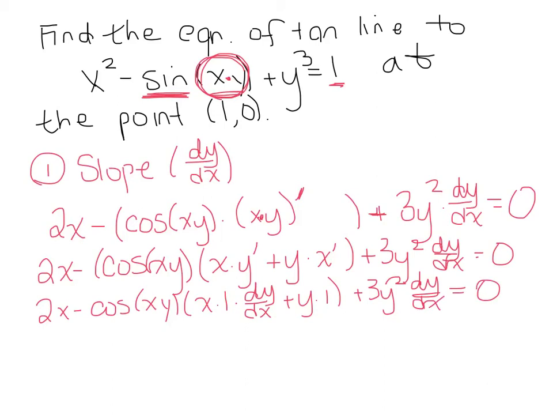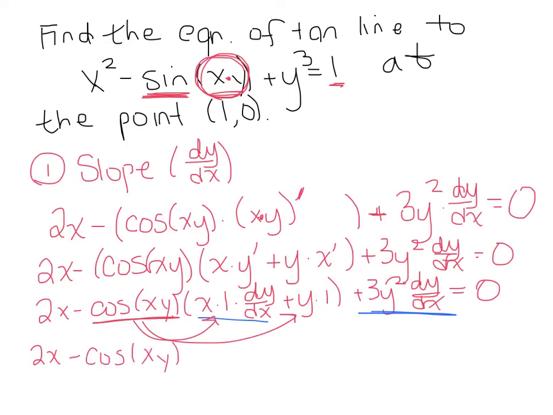So we've taken the derivative all the way across. The dy/dx's in this case appear a total of maybe 2 times. So we're going to leave those on the left-hand side of the equation, and we're going to move everything else to the right. But first we need to be careful here. This cosine of xy is times 2 terms, so I'm going to distribute that before I solve for dy/dx.